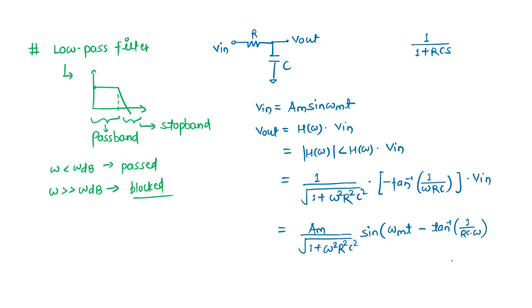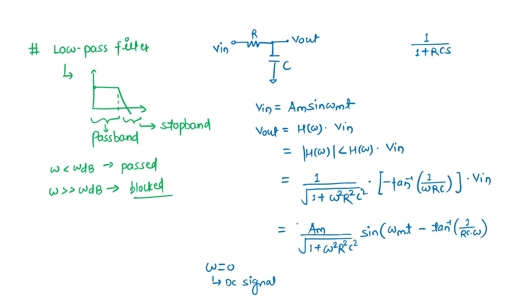So what I mean to say is, if I have omega equal to 0, meaning I'm applying a DC signal, then with omega 0 the input itself will be 0.